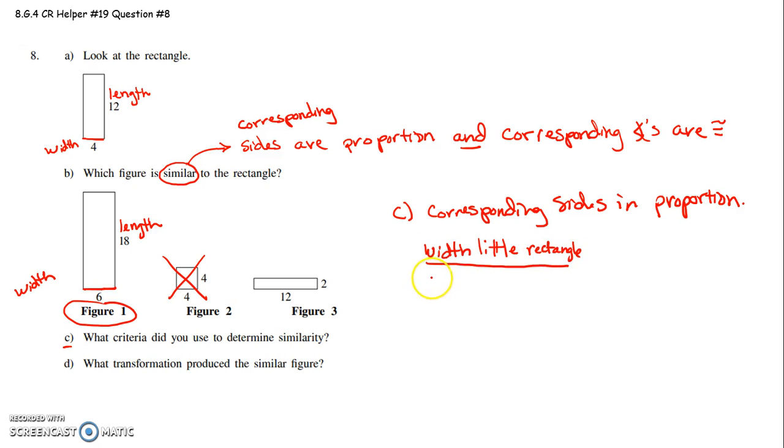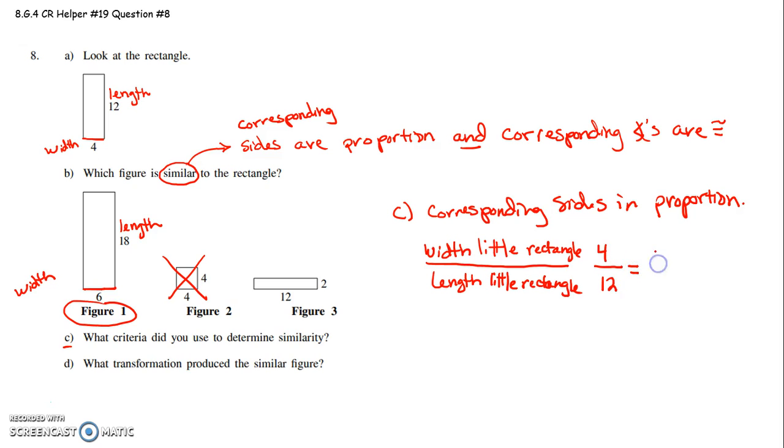I'm going to go to the length of my little rectangle. More than one way to set up these proportions. And I have to show that the width of my little to the length of my little, so the width of my little is 4, the length of my little is 12.